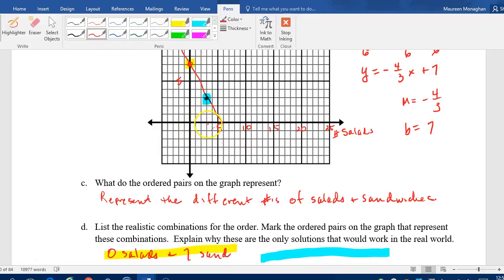We got 3 salads and how many? It looks like 3 sandwiches. Those are the only 2 choices that can happen with this situation. You can't order a fraction of a salad or a fraction of a sandwich. You could share it with somebody, but you can't order part of one.